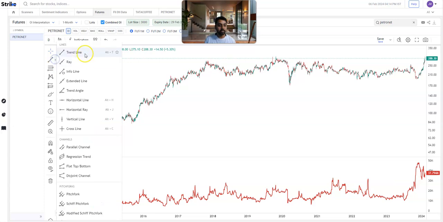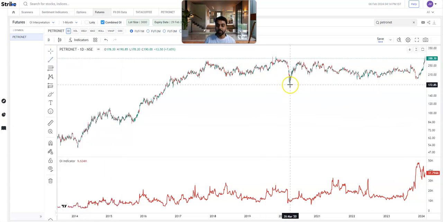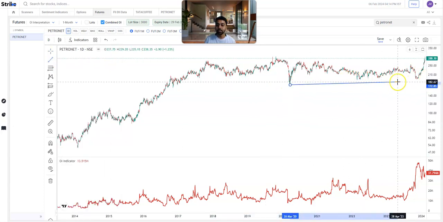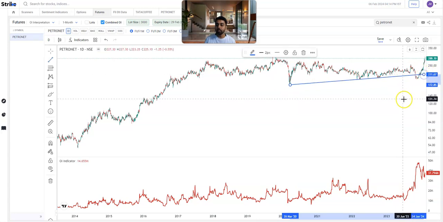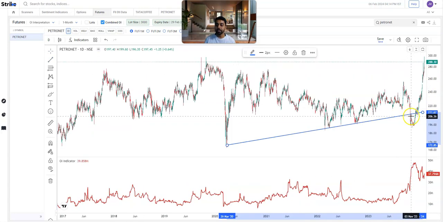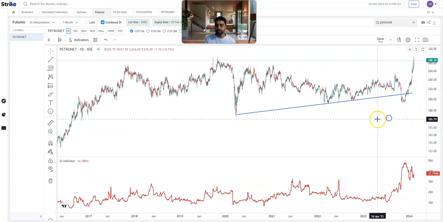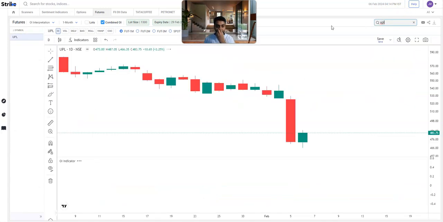If we just do the simple trend line studies, you can see that there was a trend line breakdown, okay, which indicated that yes, the stock is in a downtrend. But the moment the stock reclaimed above the trend line, that's where the short covering rally started and the stock shot up higher.